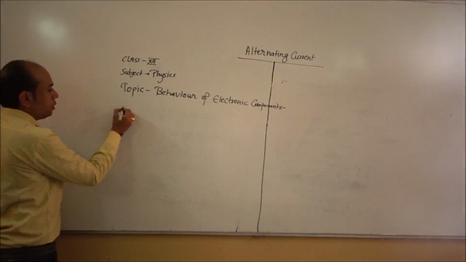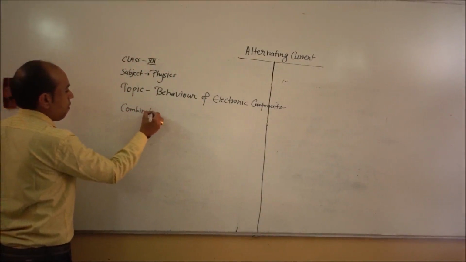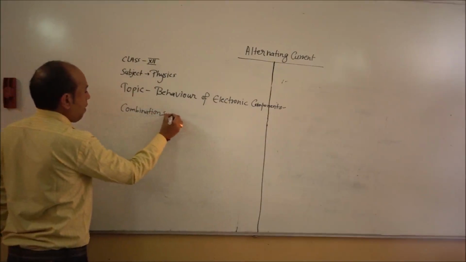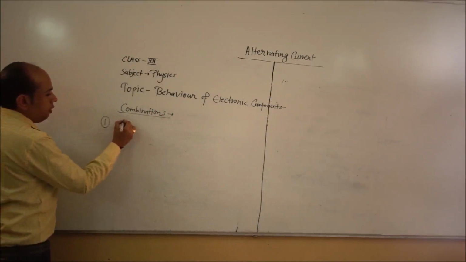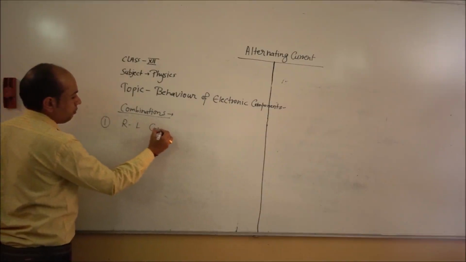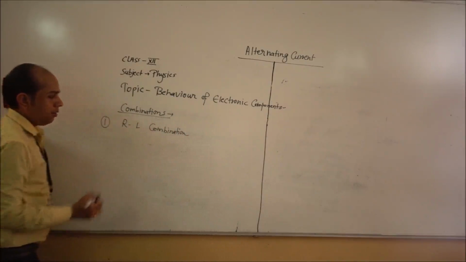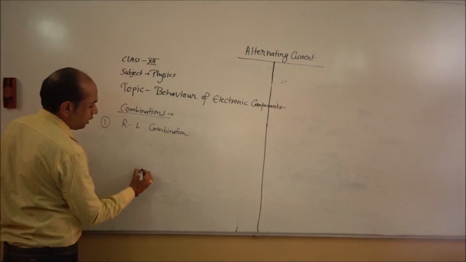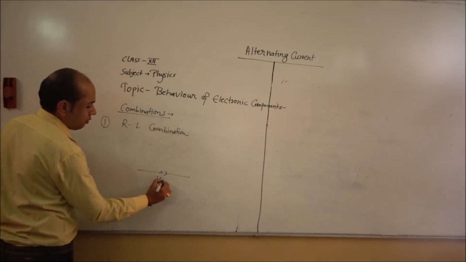Next we take the combinations. So combination, first we take the R and L combination. Here we use the previous identity. When resistance is connected in a circuit, both current and voltage are in the same phase.